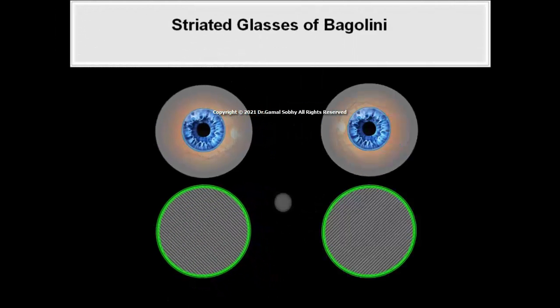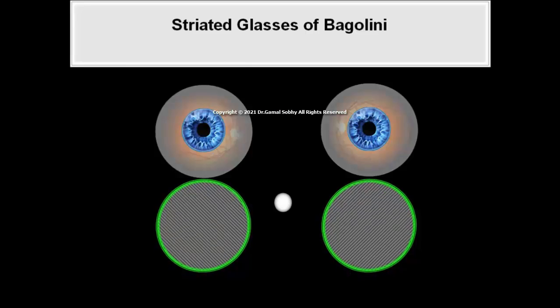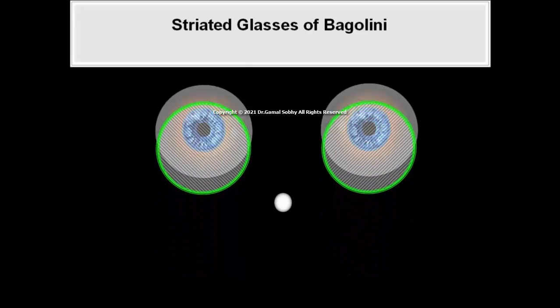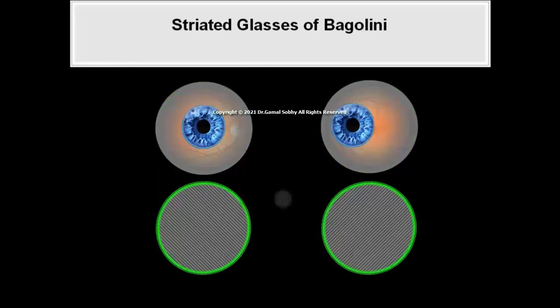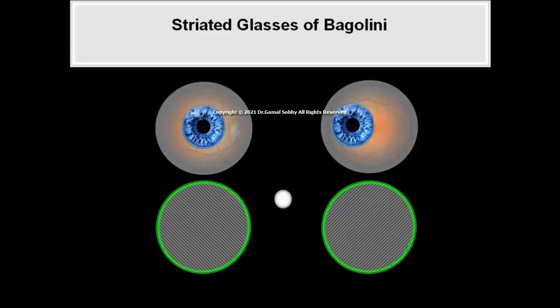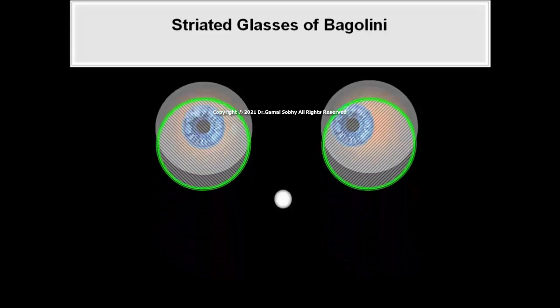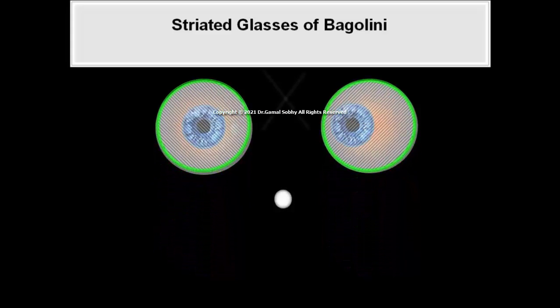Striated glasses of Bagolini. In normal retinal correspondence with normal fusion, the patient can see two streaks crossed in the center. If the patient with manifest deviation reported two streaks crossed in the center, then anomalous retinal correspondence is present.